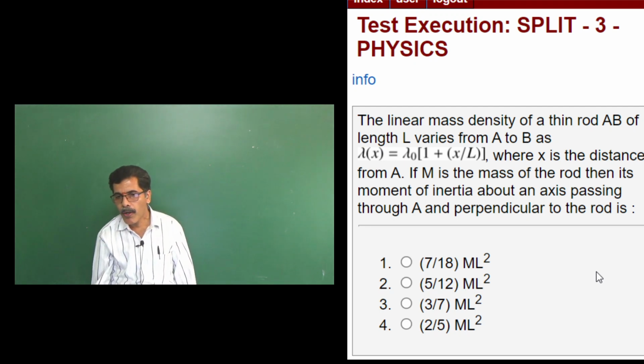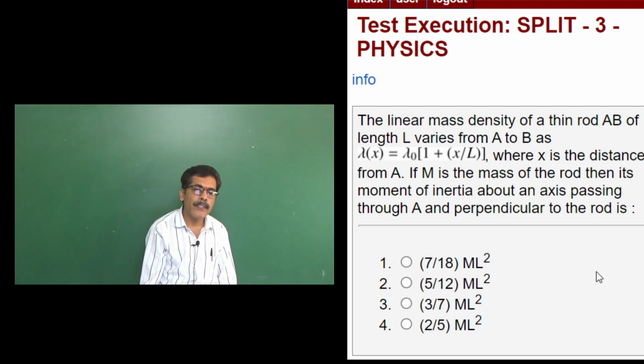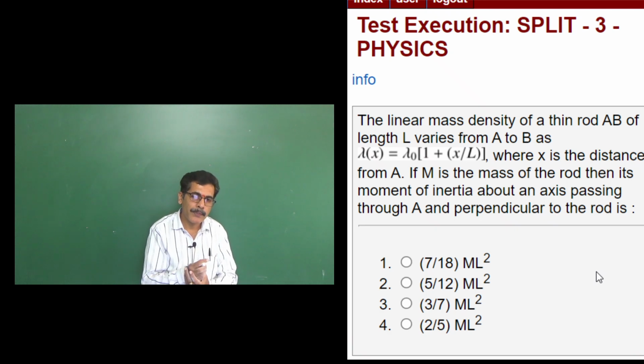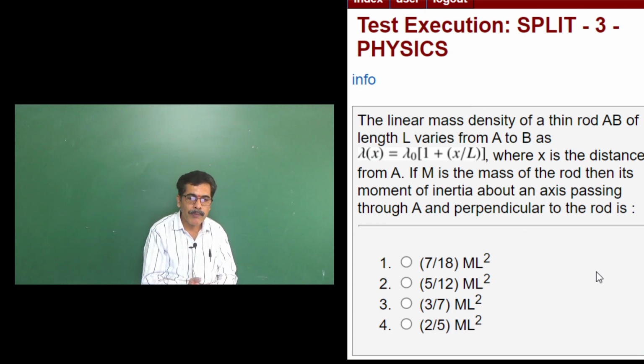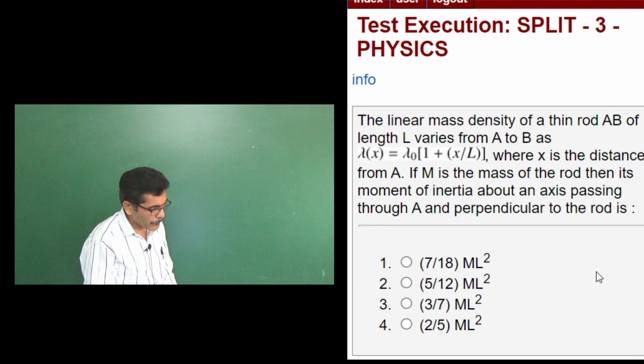The linear mass density of a thin rod AB of length L varies from A to B as lambda x is equal to lambda naught into 1 plus x by L, where x is the distance from A. If m is the mass of the rod, then its moment of inertia about an axis passing through A and perpendicular to the rod is.